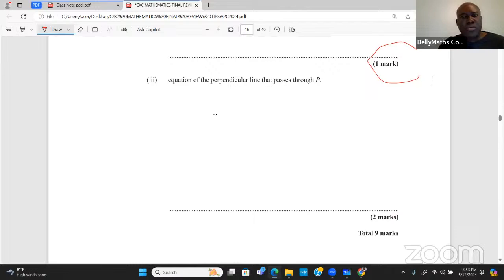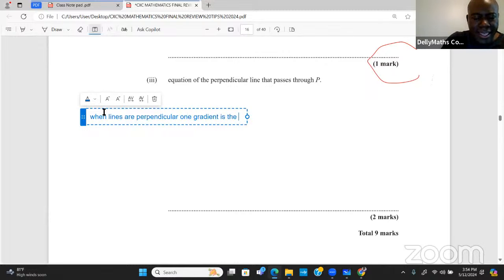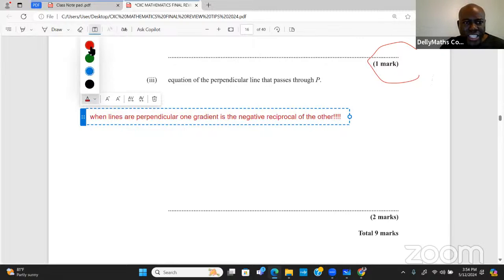What is the relationship between perpendicular lines? So I'm just going to write it here in text form, that when lines are perpendicular, one gradient is the negative reciprocal of the other, right? So that is key information that we need to at least know.